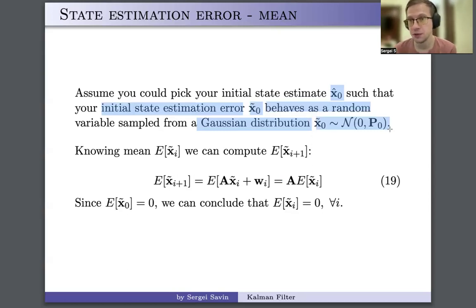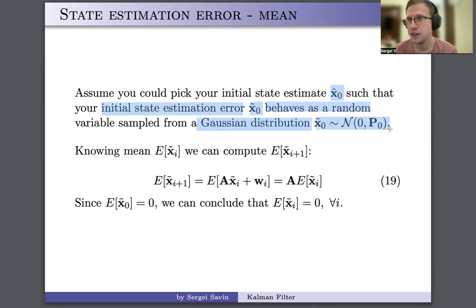And we want it to be Gaussian. Okay, that sounds maybe a little bit harsh, like how do you do it? But suffice it to say, usually you are almost always able to pick your initial state estimate with zero error, because often you start from a position which is already known. For a car, for a drone, or for underwater robots, often you already know your initial position. So it's not a big deal to pick a zero error initial state estimate, right?